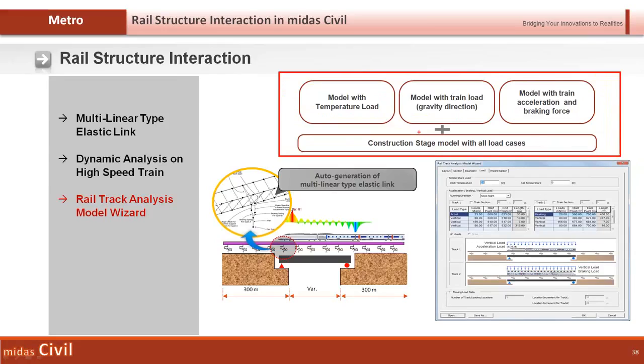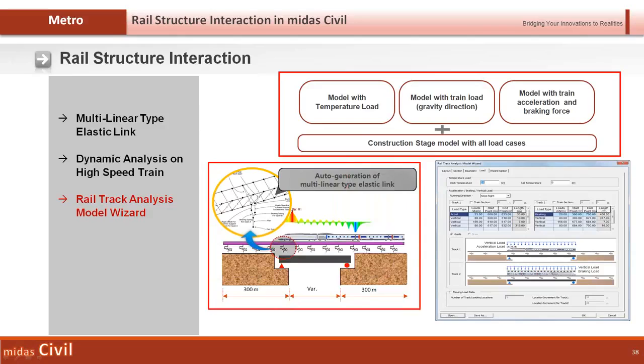So it can do both separate analysis and the complete analysis. Moreover, as I told you, all the multilinear type elastic links will be automatically generated. Also, depending on the load of the train and the number of increments that you are giving, it will automatically generate the models with the specified loading.